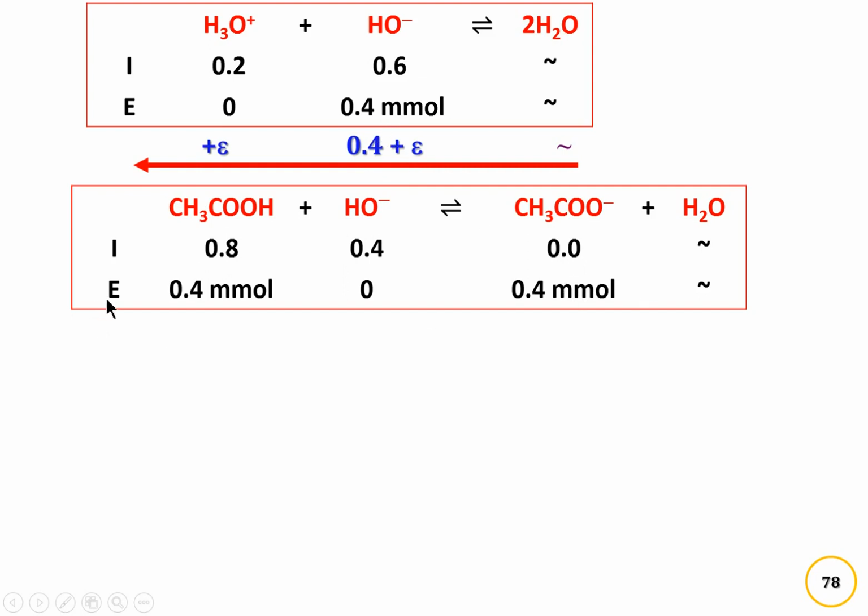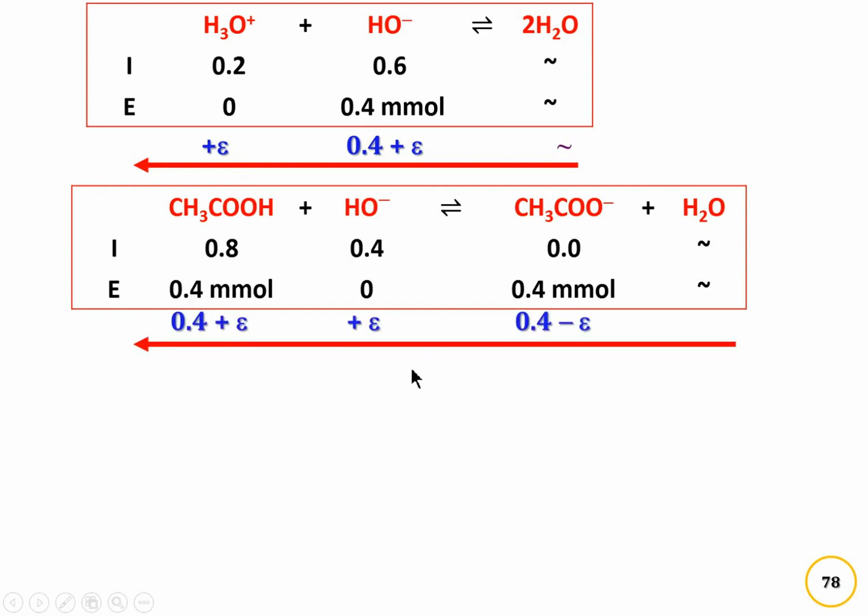At equilibrium, t equals infinity, since this reaction is complete, so OH⁻ is limiting, and we will have 0.4 millimole of acetic acid and 0.4 millimole of acetate. To note that if we want to calculate the concentration of OH⁻ at equilibrium, we have to consider the inverse reaction, so to calculate epsilon.